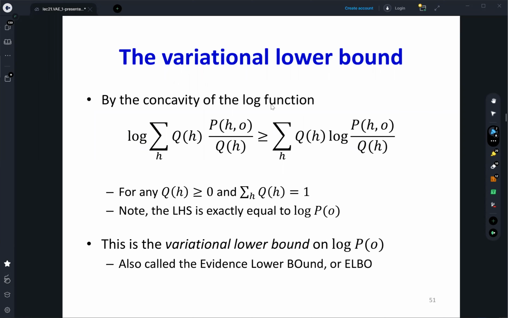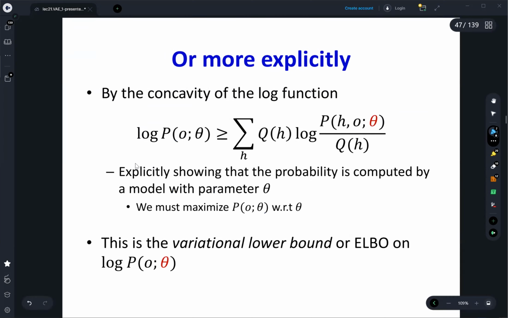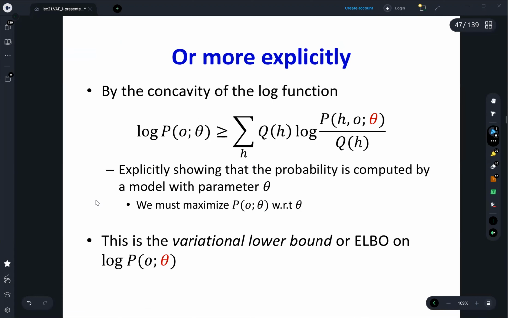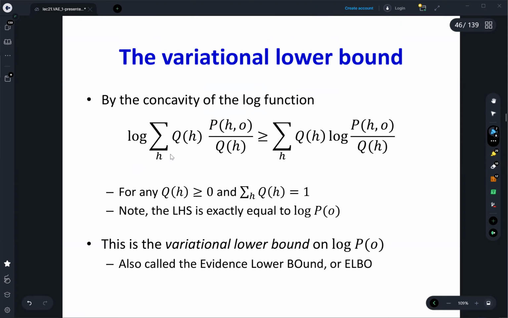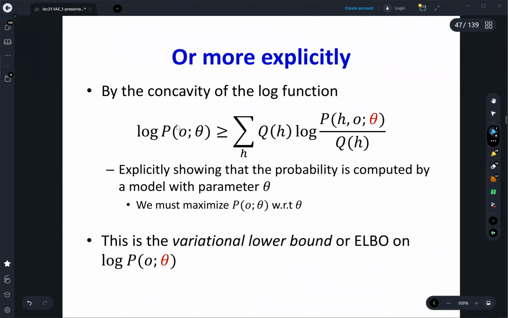This term to the right is always going to be a lower bound on the term to the left. And so we have this situation. This term here is simply log of the summation over h of p of h comma o, which in turn is simply log of p of o, right? So log of p of o is always going to be lower bounded by a convex sum of log of p of h comma o divided by q of h, regardless of how you choose q of h.